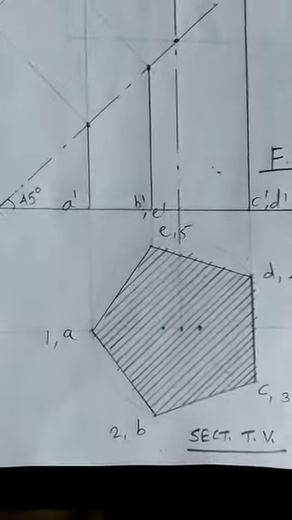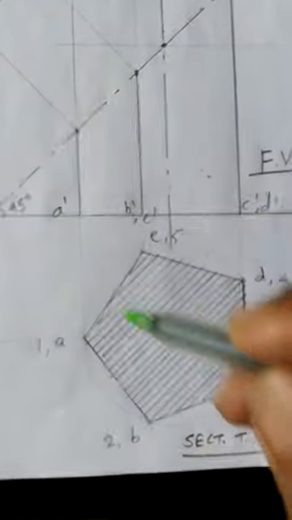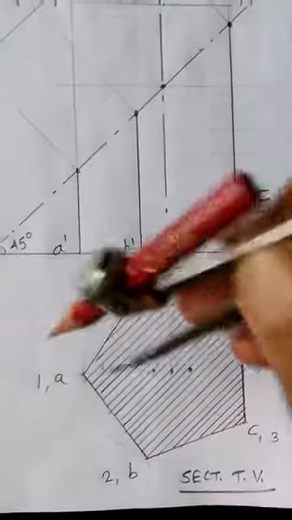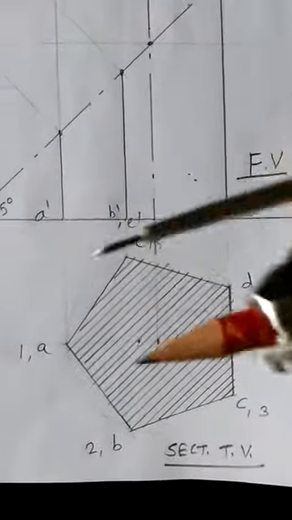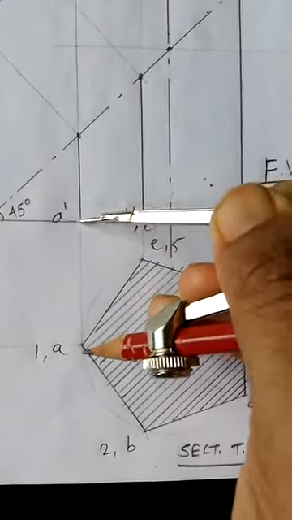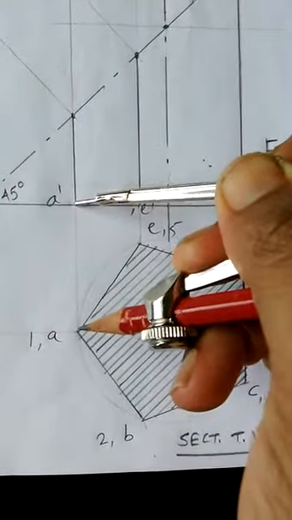Now how to get this? Just like the previous problem, we have to pick each and every corner of this apparent shape, apparent sectional surface. Means from HRL, this A we have to pick in this way.